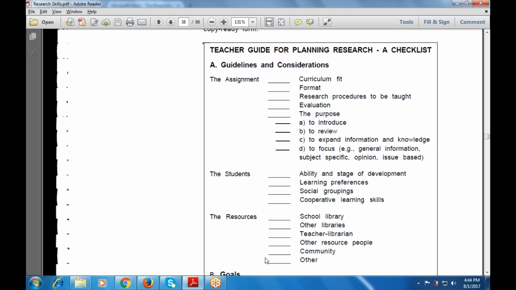So these are the various resources that will be handled for the library, the teacher librarian, and the resource people. Whatsoever the community, the data, the library, the teacher librarian method that we are using, these are the various resources for guiding or planning the research. That is a checklist.